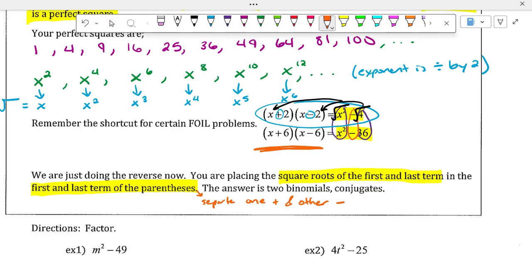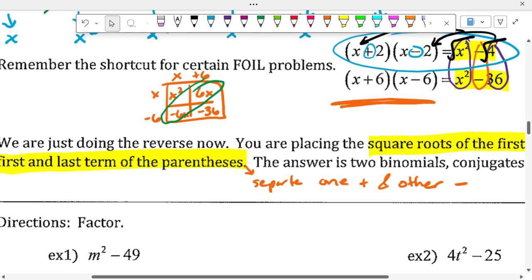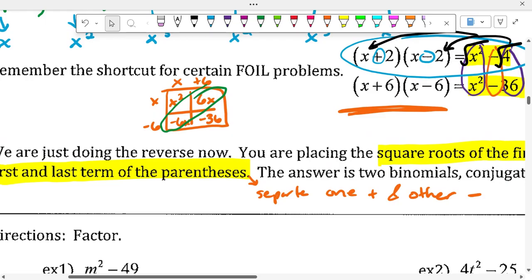Because what will happen is, let's say I did a quick FOIL on x plus 6, x minus 6, or box method, whatever. x squared, 6x, negative 6x, negative 36. What happens right here with my x values? I got 6x minus 6x.